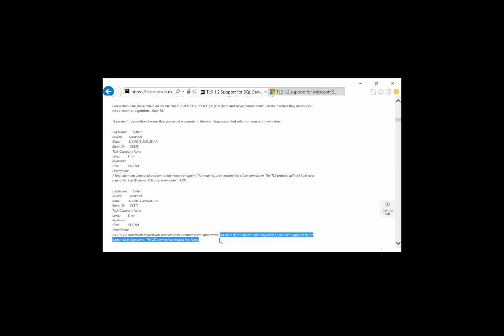If it works by enabling an older protocol like SSL3 or TLS 1.0, then you definitely know that this is a TLS-related issue. And the problem that happens is when the communication fails at a protocol negotiation layer, you have not even touched or entered the SQL Server engine. So most of the error messages would be at the connectivity layer, and there would not be any interfaces available to find out if that connection failed.